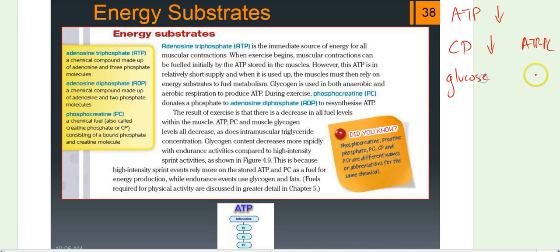Our glucose levels will decrease from the use of the anaerobic glycolysis energy system, and also with respect to the aerobic energy system. And our fats will also decrease, and they will be used in the aerobic energy system.